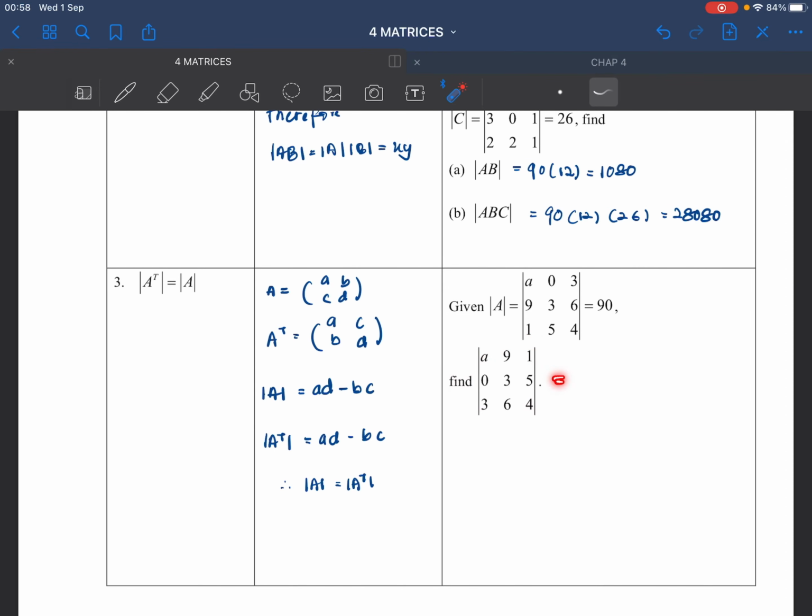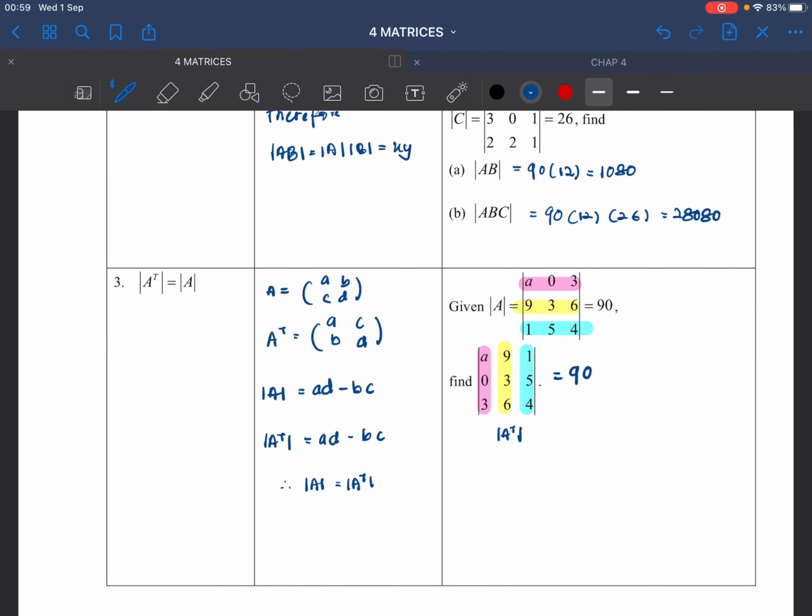If you use a long formula, you will not get marks. Basically what we see is A03 here, 936, and the other one 154, which we know is the transpose. Let's say this is A, this is A transpose. So the determinant will be the same, equal to 90.